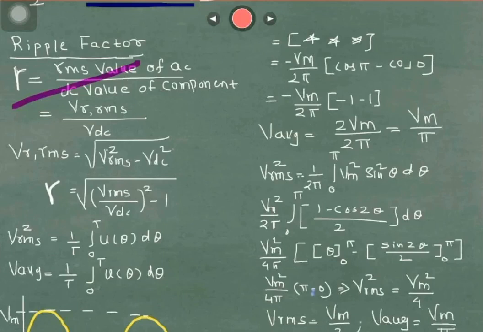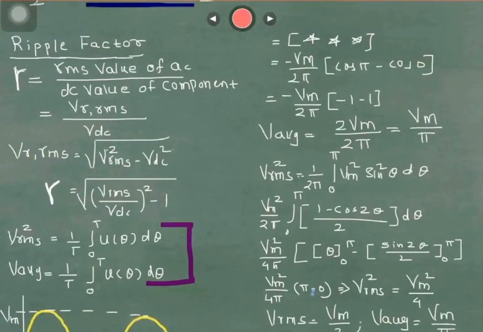Solving this, we reach the formula for the ripple factor: ripple factor equals the root of (Vrms upon Vdc) squared minus 1. To solve this, you need two parameters: one is Vrms and another is V average.